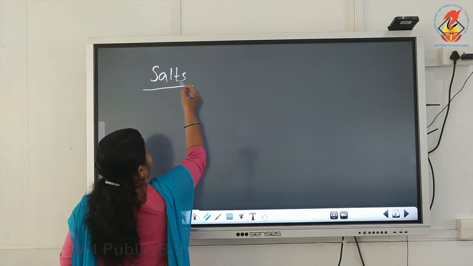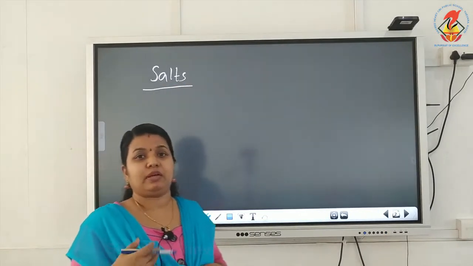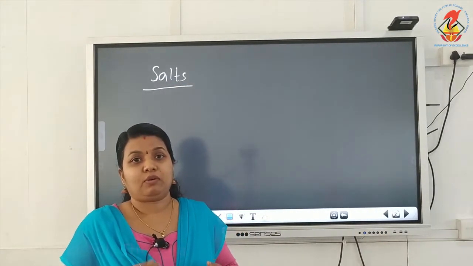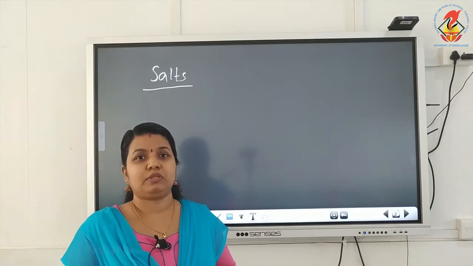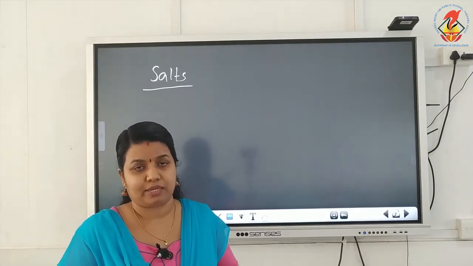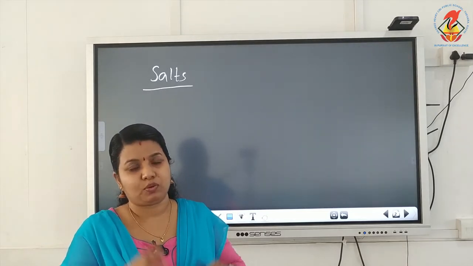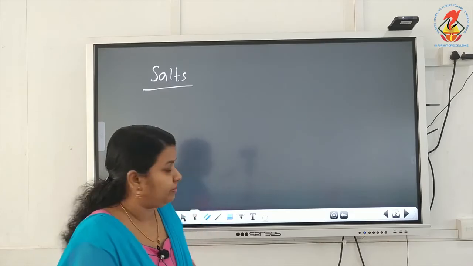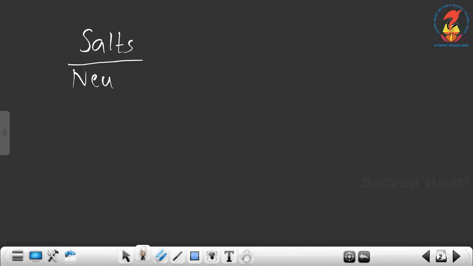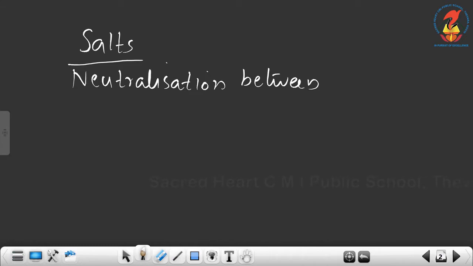Salts. When we say salt, the term that comes to your mind will be the common salt, sodium chloride, that we use in a house for making dishes and all. Actually, sodium chloride is one of the examples of salts. Salts are a class of compounds which are formed by the neutralization reaction between an acid and a base.